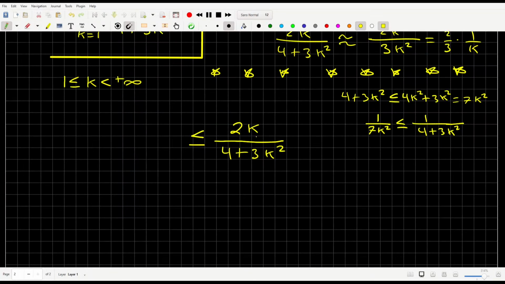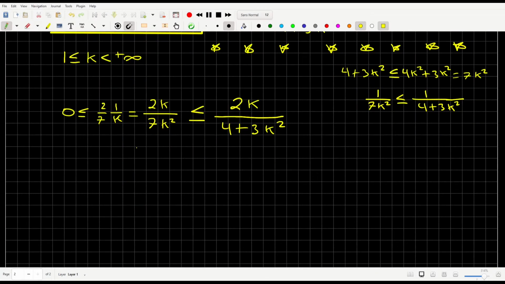Because of this, the lower bound of the terms in our series is that 2k over 4 plus 3k squared will always be greater than or equal to 2k over 7k squared, which is the same thing as 2/7 times 1 over k, which we know is always positive, and we also know that the sum of this series will diverge.